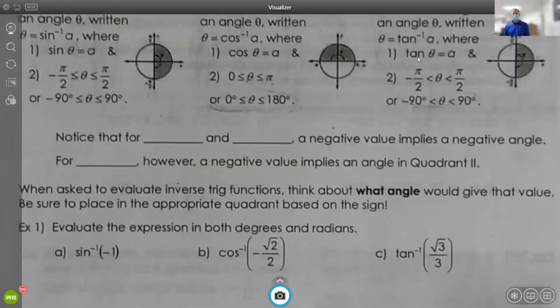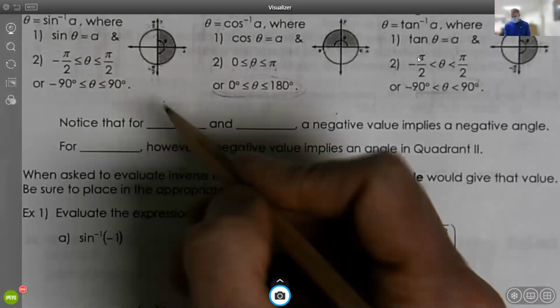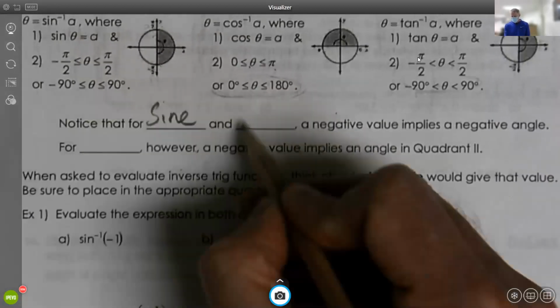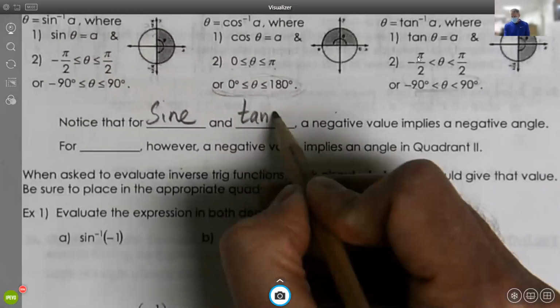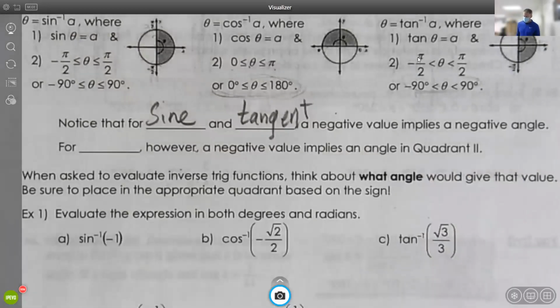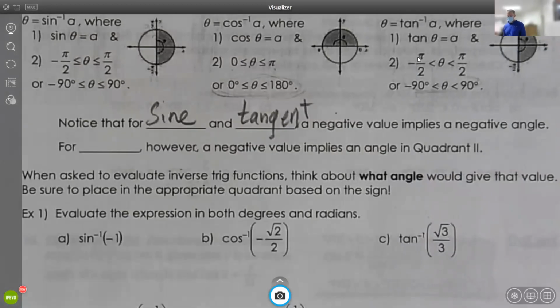So what we notice is that for sine and tangent, a negative value implies a negative angle. So if we have the sine of a negative value, that's going to give us a negative angle.